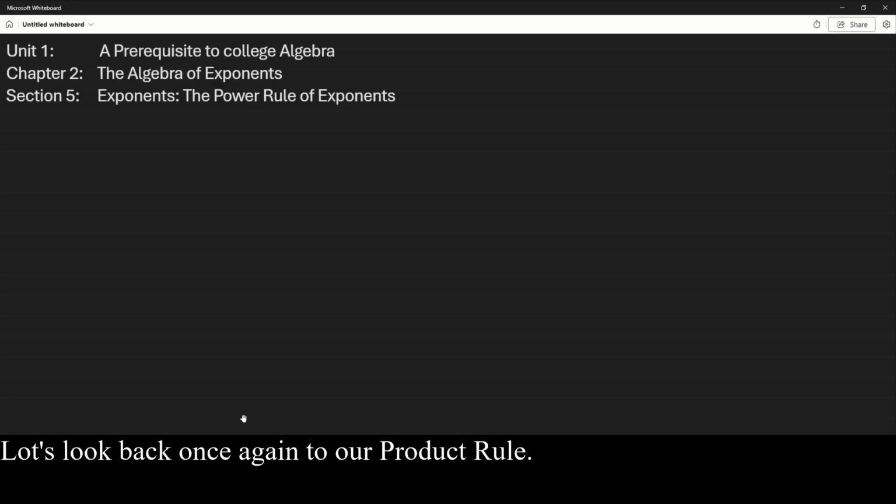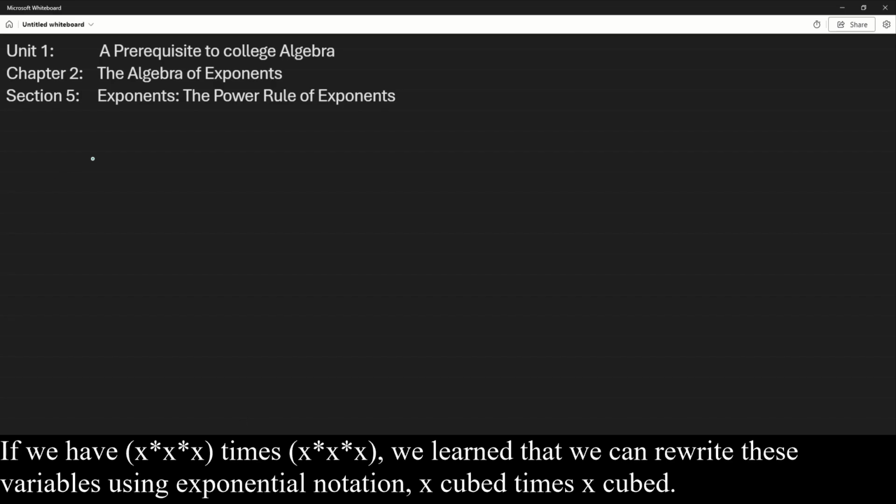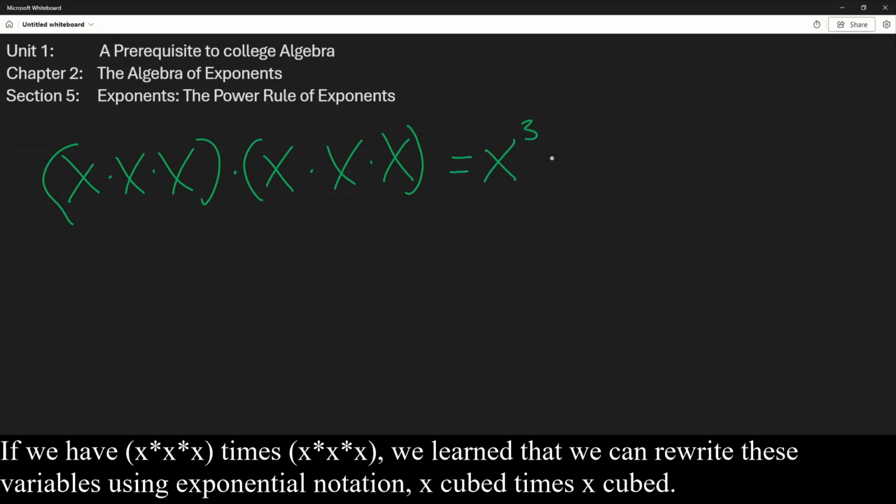Let's look back once again to our product rule. If we have x times x times x times x times x times x, we learned that we can rewrite these variables using exponential notation, x cubed times x cubed.